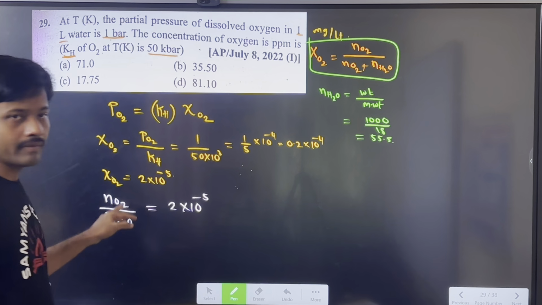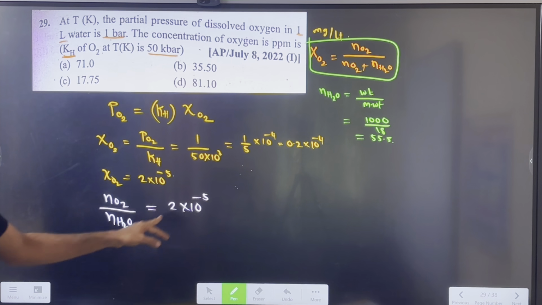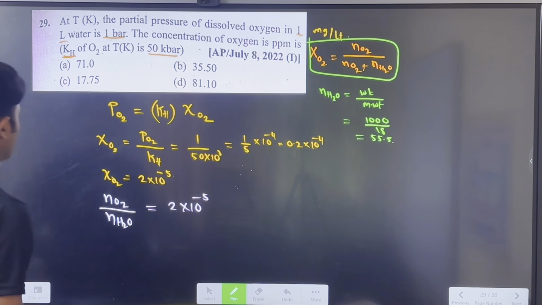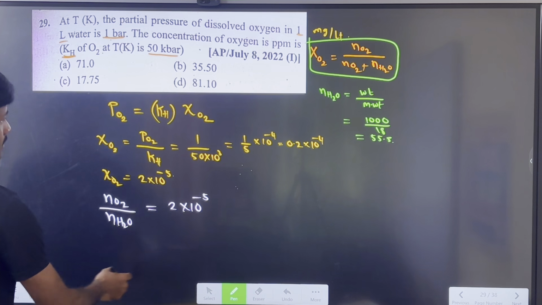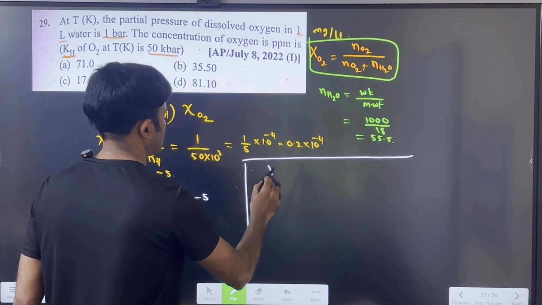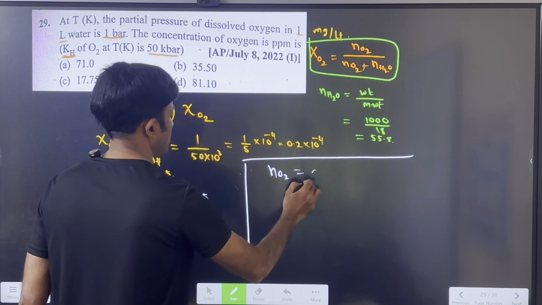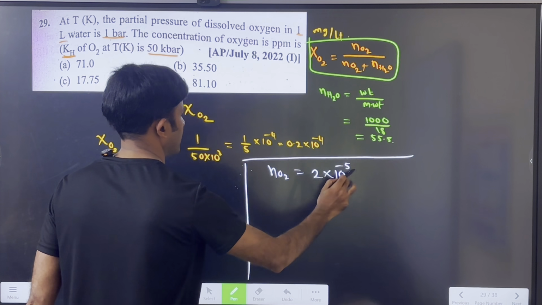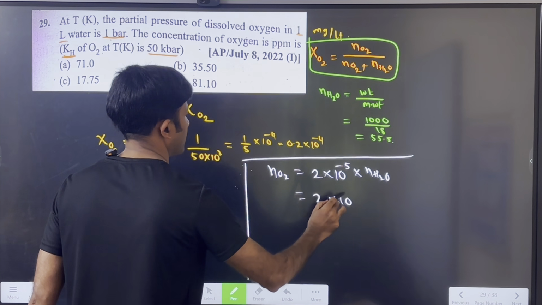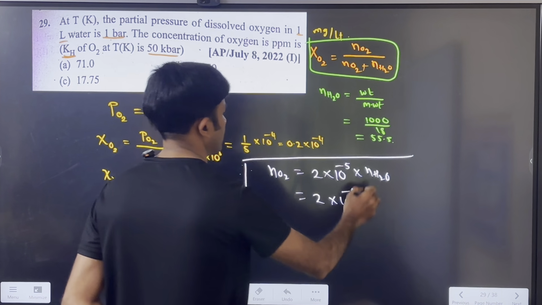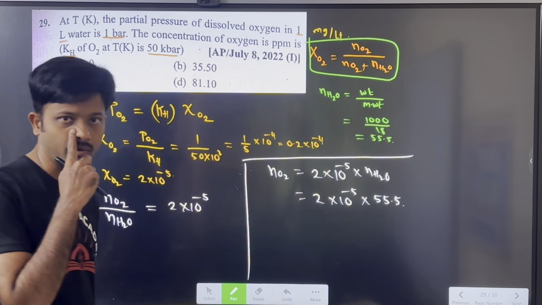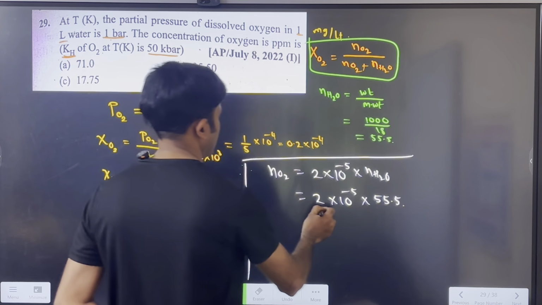Now you see, the number of moles of water we already calculated, how much is it? 55.5. Yes or no? Just substitute the number of moles of water value here. Number of moles of oxygen equals 2 into 10 to the power of minus 5 into number of moles of water, so 2 into 10 to the power of minus 5 into 55.5. Just calculate now.